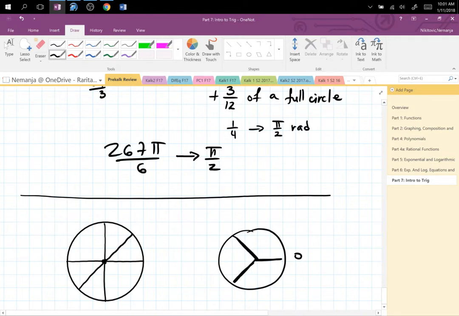But this is okay, because from here to here is 2 pi over 3, and this is 2 pi over 3 over there, and 4 pi over 3 over here.